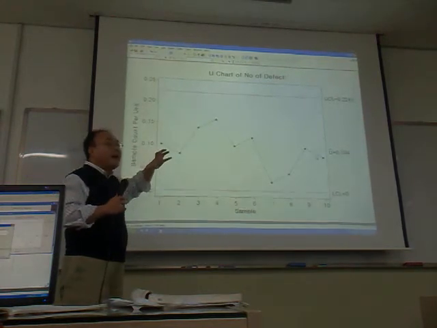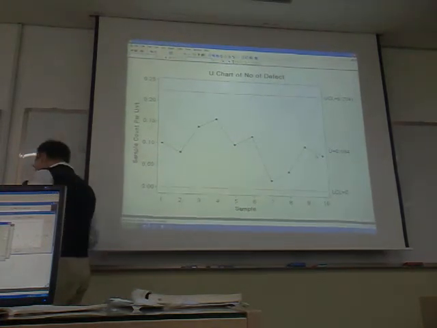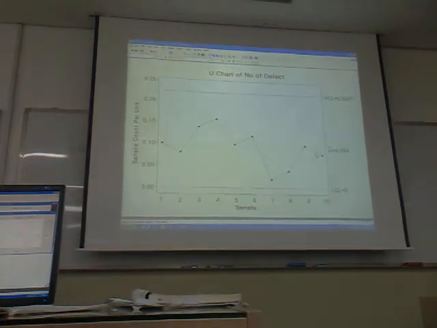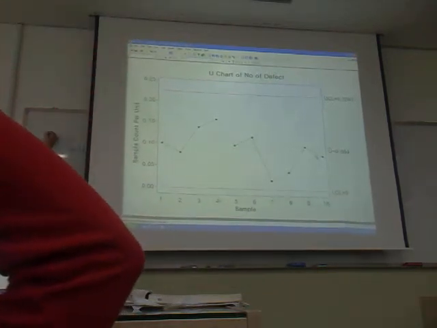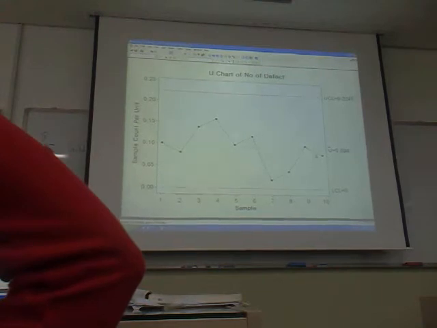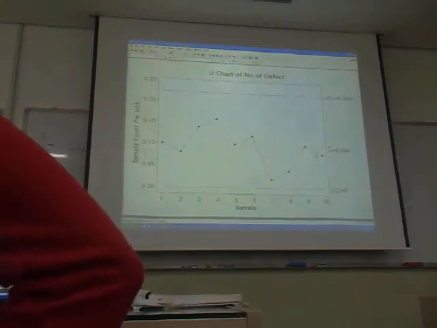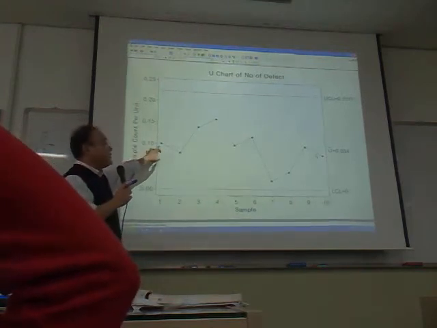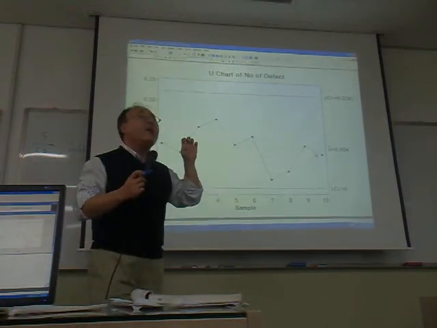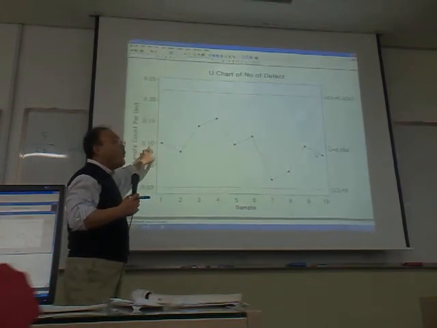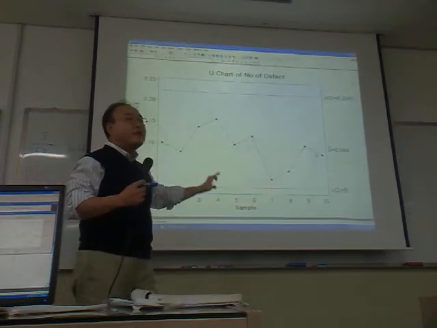For example, we get 5 defects in the 50 unit sample. So that is divided, that is 10%. So every unit, every sample has 0.1 defect included per unit.